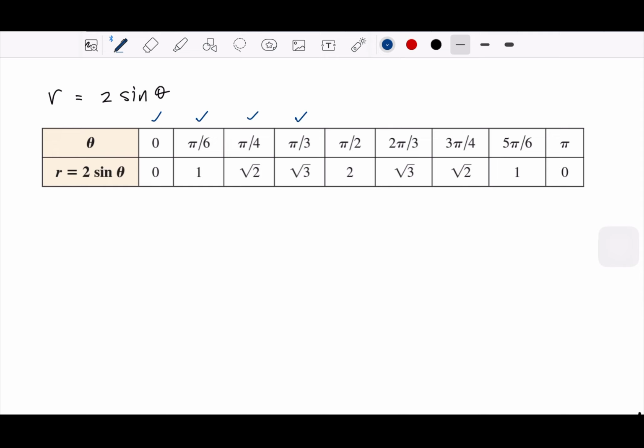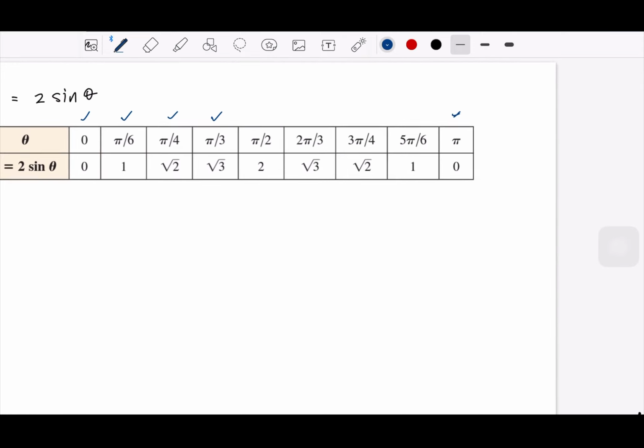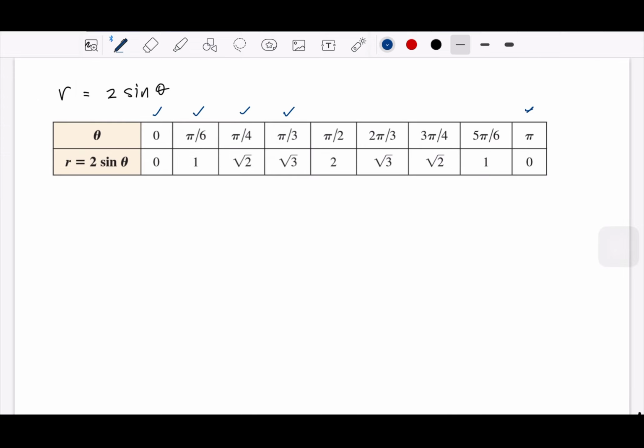And we get all values until, let's say, pi. Well, we could continue from pi to 3 over 2 pi and then 2 pi, but these will just be repetitions.